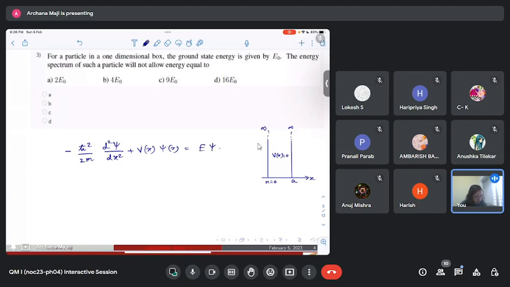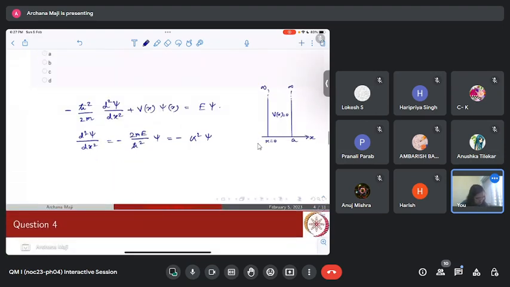If we substitute the potential to be 0 and solve this Schrodinger equation, considering the constant to be some k square psi, then the solution is a sin kx plus b cos kx.